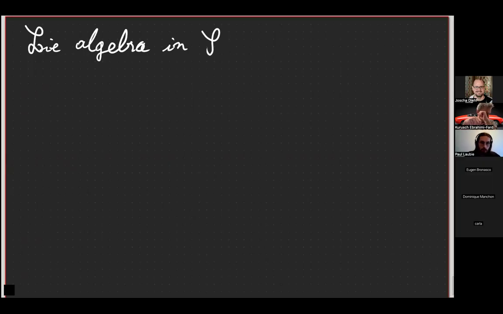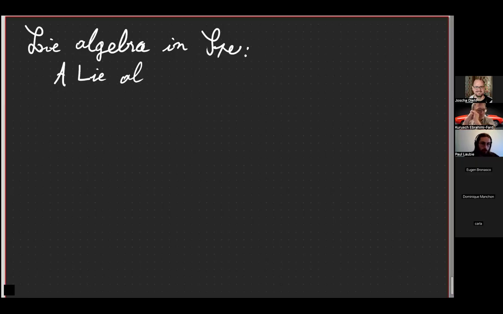The interesting thing about operads is that they encode algebraic structures. Now, what is an algebra with species? I want to speak about Lie algebras in species. Well, we know what a Lie algebra is, so I will recall it.